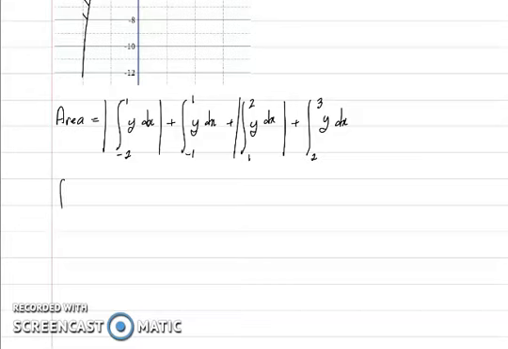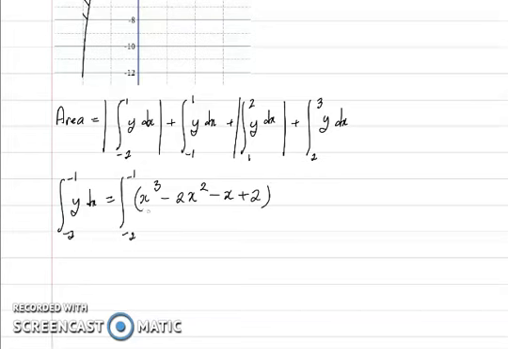So we want to work the integral from -2 to -1 of y dx. That would be the integral from -2 to -1 of x cubed minus 2x squared minus x plus 2, and of course, I'm integrating with respect to x.